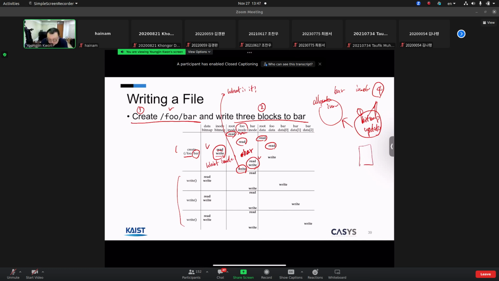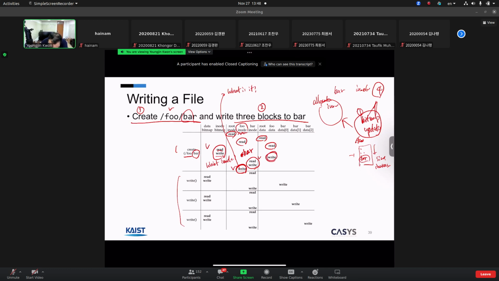Say this is your foo block, and you are adding a new bar at the end of the table. Then what changes? Obviously access time, and also size changes. Size may increase, so it has to be written back. Originally this is for foo, and then you are adding slash bar here, and because of that, the size can change. So you have to write it back.